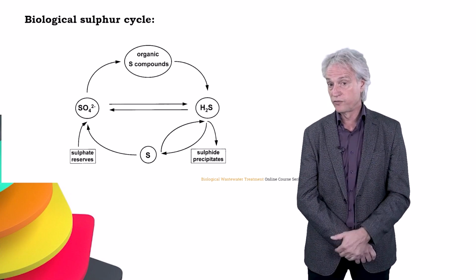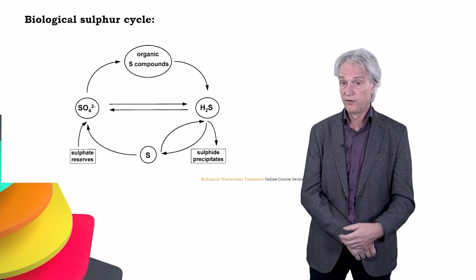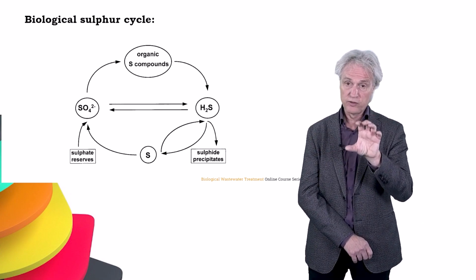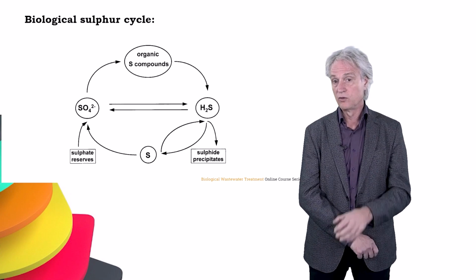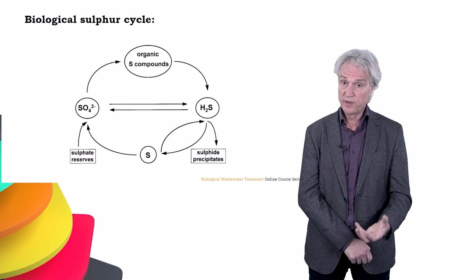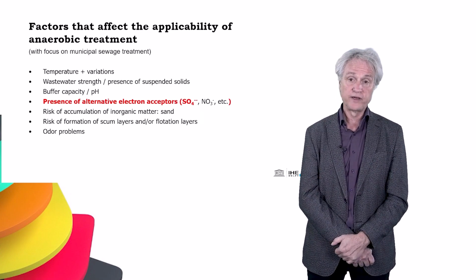Moreover, if you have reduced sulfite, that reduced sulfite can precipitate, for instance, with heavy metals. Think about iron sulfide, zinc sulfide. So this biological sulfur cycle is very important also for the anaerobic digester. And do remember, sulfate takes away COD to be reduced to sulfite.